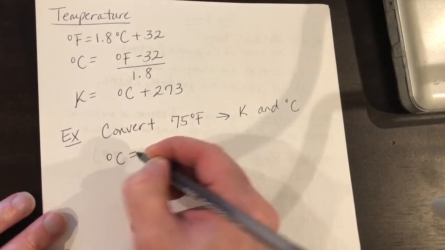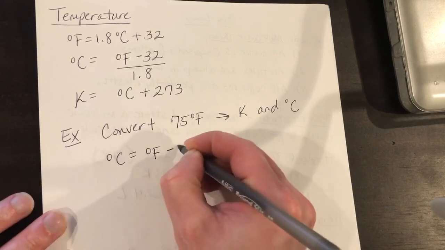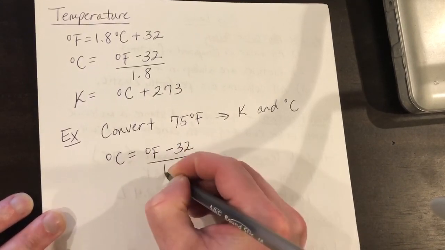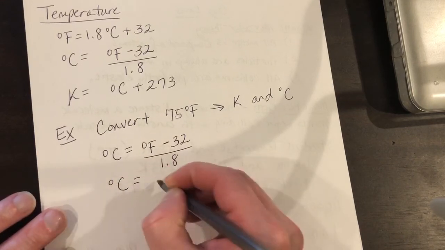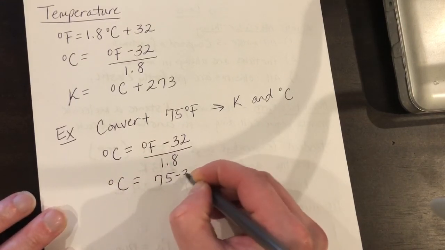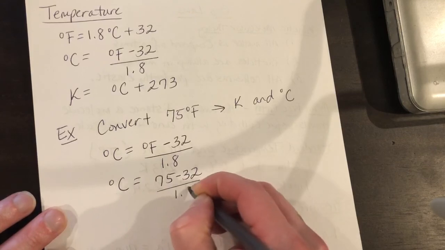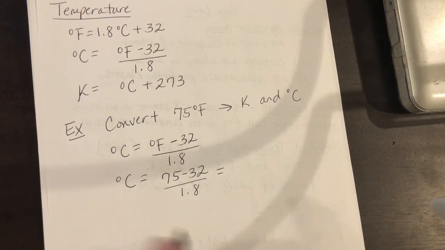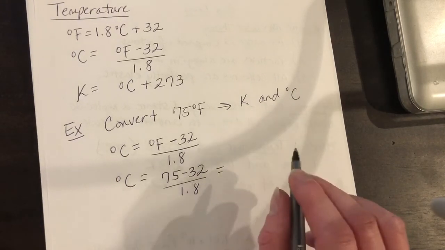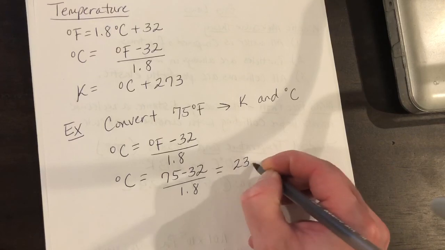So degrees Celsius is degrees Fahrenheit minus 32 all over 1.8. So degrees Celsius is 75 minus 32 divided by 1.8. Put that in the calculator. You should get 23.89, that's fine.